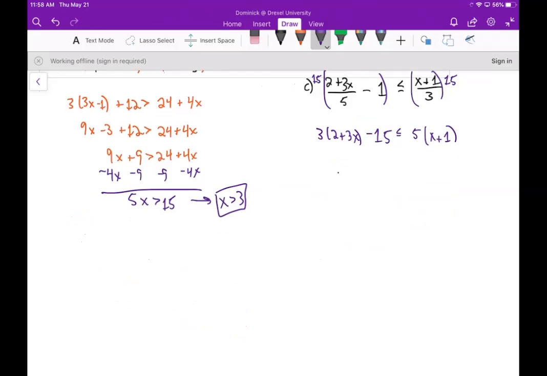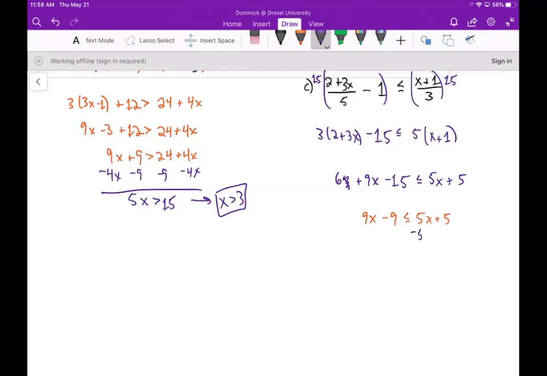So if we distribute, we'll then have 6 plus 9x minus 15 less than or equal to 5x plus 5. So when we combine like terms, we're going to get 9x minus 9 is less than or equal to 5x plus 5.